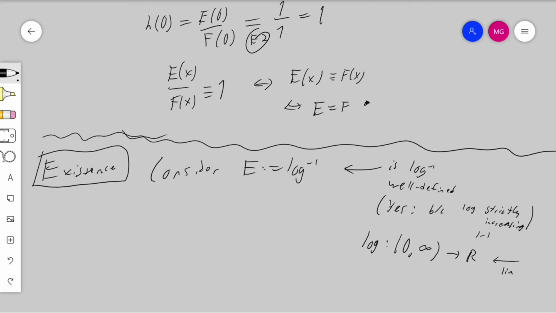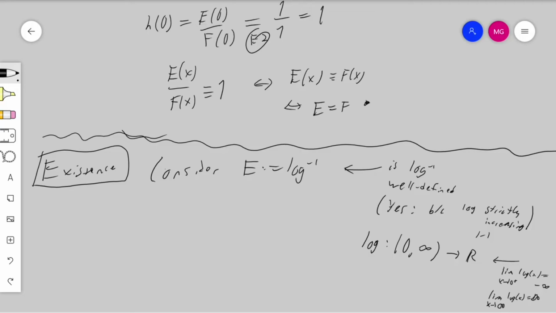We know that the limit as x goes to 0 from the right of log is minus infinity, and similarly, as x goes to plus infinity, log itself goes to plus infinity.